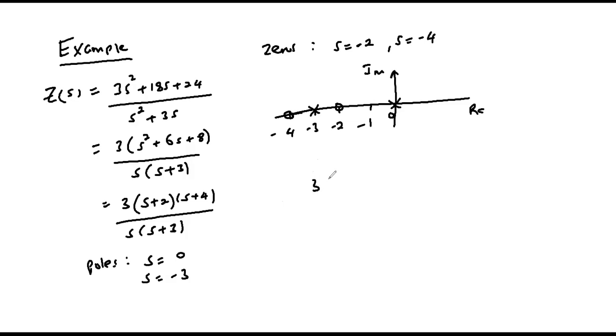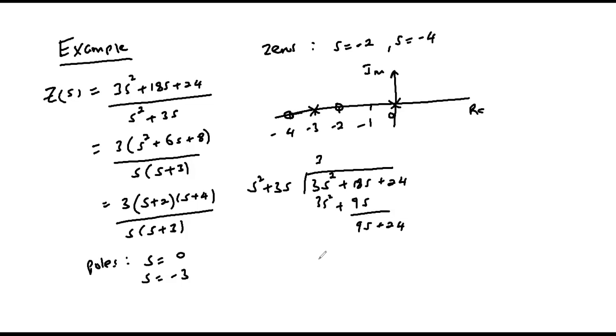So we can write this as 3s² + 18s + 24 divided by s² + 3s, from which we get 3 times (s² + 3s), which is 3s² + 9s, and the difference will be 9s + 24.